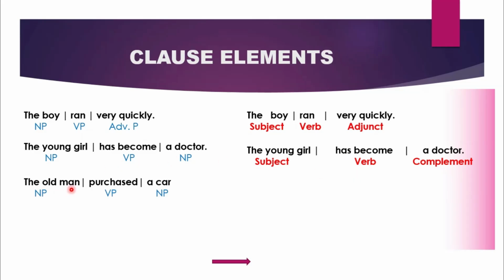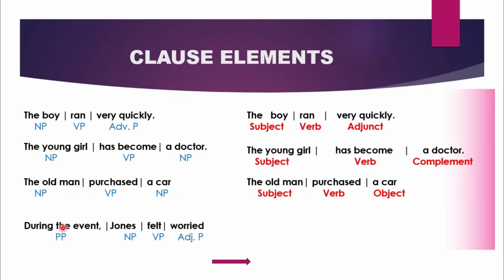The old man purchased a car. We see three phrases in the sentence. The first one, the old man, which is a noun phrase, is performing the role of a subject. Purchased, which is our verb phrase, is performing the role of a verb. A car, which is our noun phrase, is performing the role of an object. Therefore, subject, verb, and object are roles that these phrases perform. And the roles that the phrases perform are what we call clause elements.